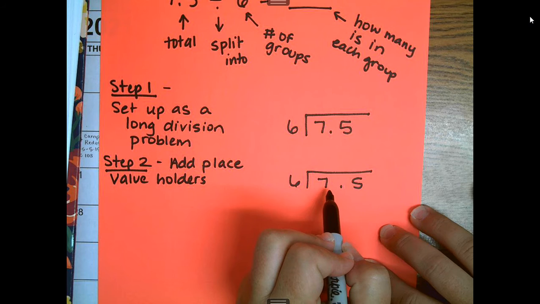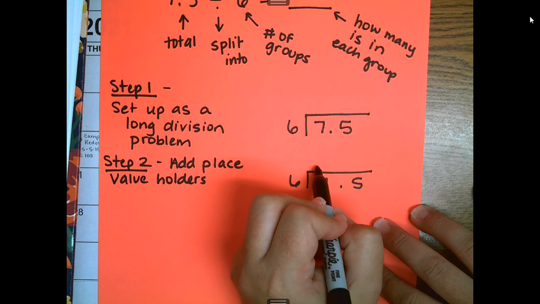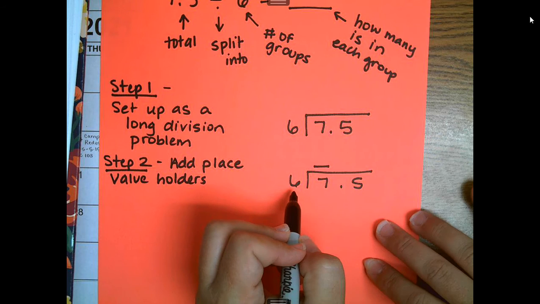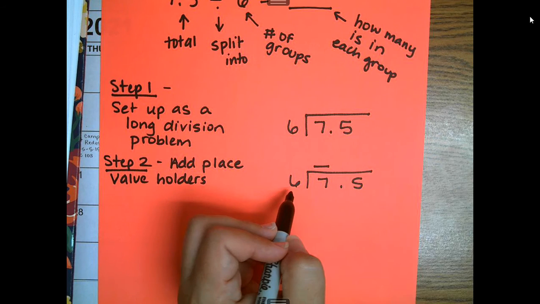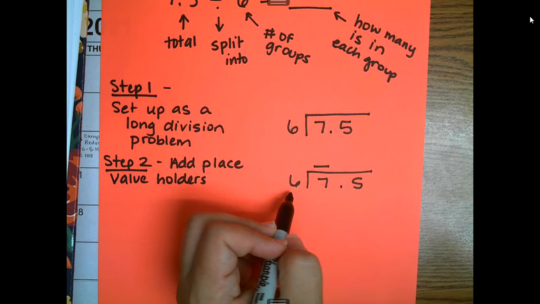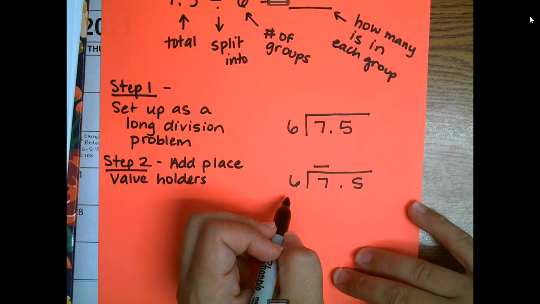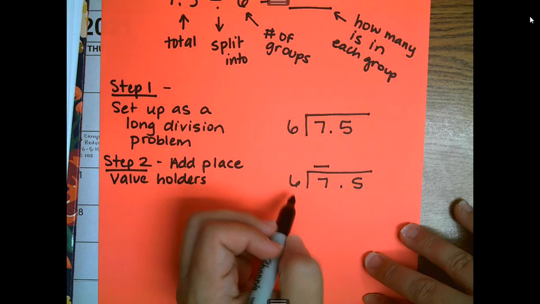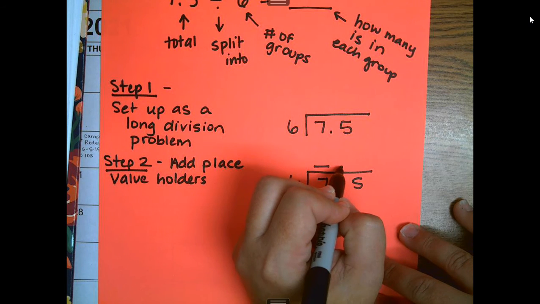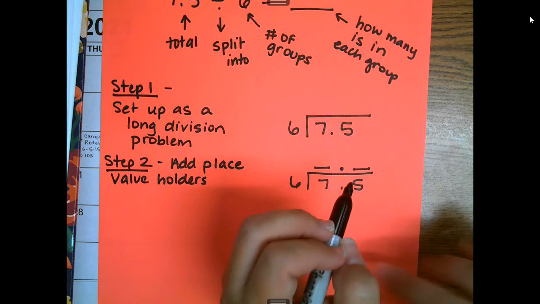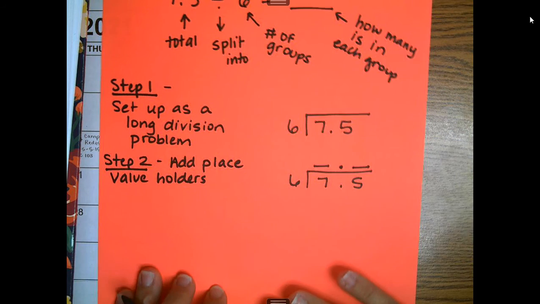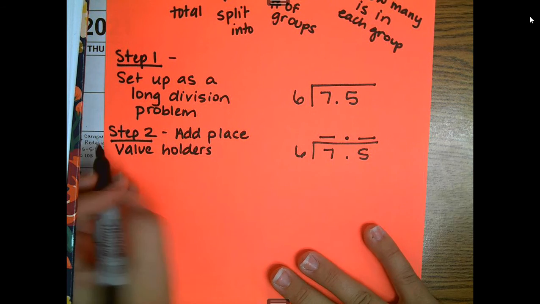So if I have a digit here, I'm going to just put a little space there. Anytime that I have a whole number here, like the 6 is a whole number, that means that the decimal point is just going to go straight up. And then step 3, we're going to divide as usual.